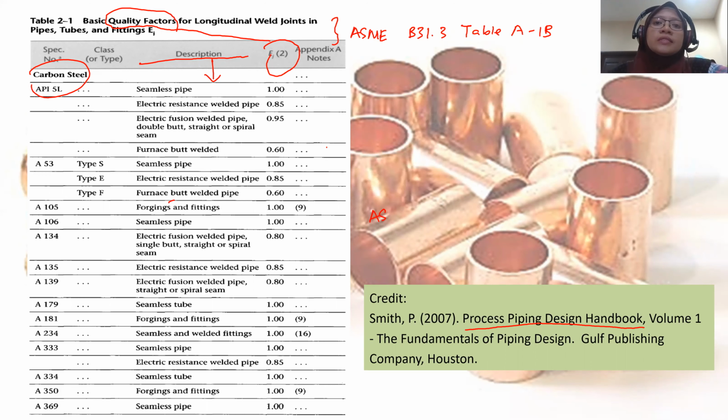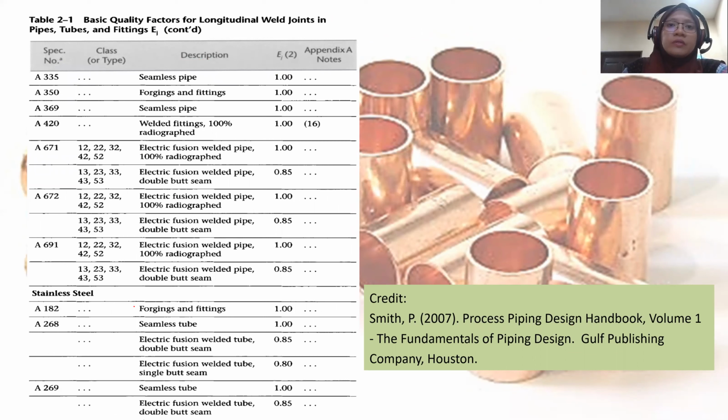And this shows a part of the table where it starts to show data for stainless steel material. So this table provides the quality factors that are needed to calculate the wall thickness of pressure containing pipe.